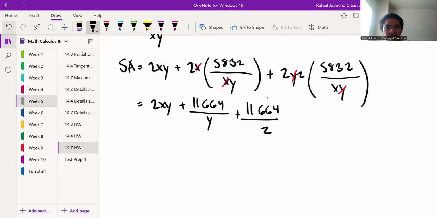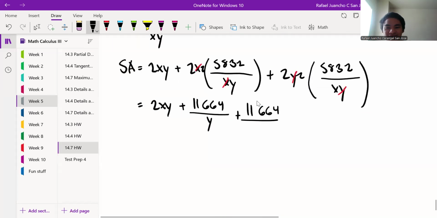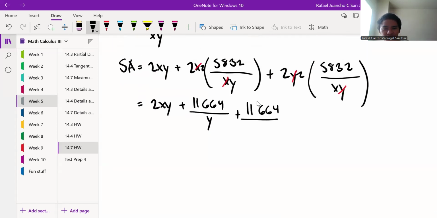Or over, my bad. Oh, we have a Z here. I almost forgot. We had a Z there. So here we actually put a Z here. Here we also put a Z. This is over X this time, right?